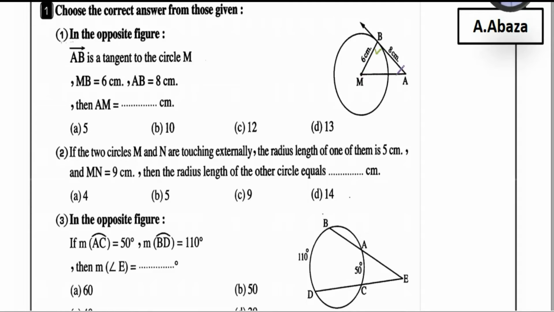Yes, AM equals root of 6 squared plus 8 squared, which equals 10 centimeters. So the answer is 10 centimeters.